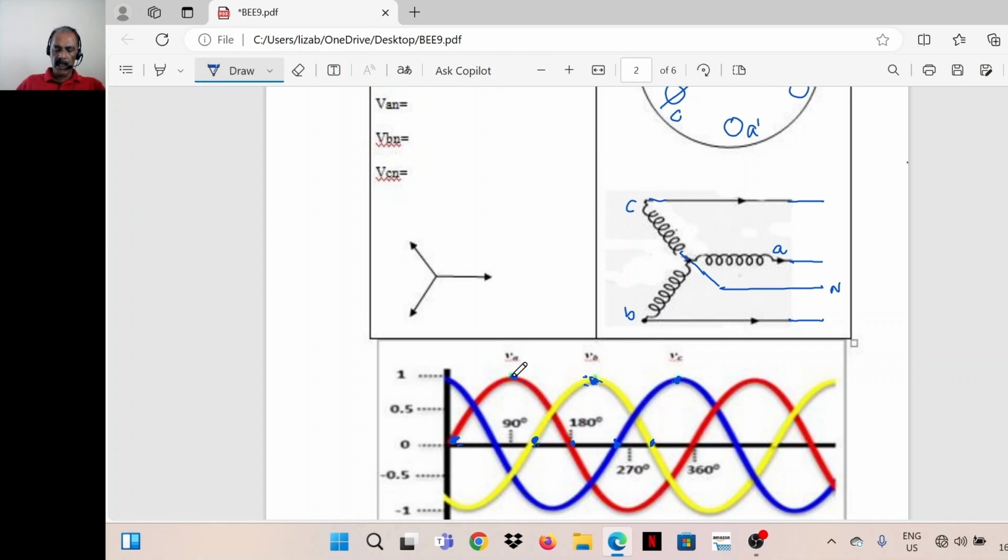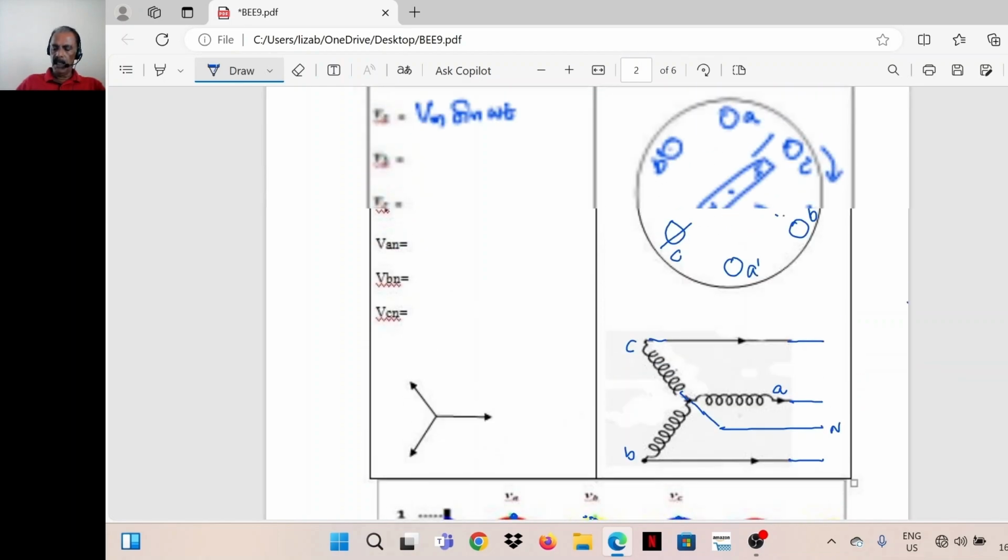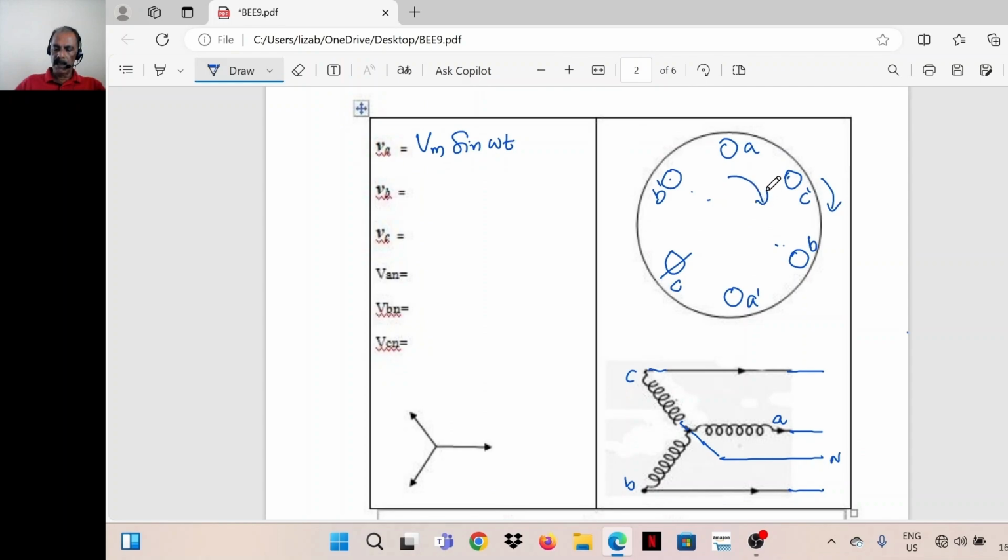That means first A, then B, then C. That means the magnet is rotating in clockwise direction. First the voltage in coil A reaches maximum, then voltage in coil B, and then voltage in coil C. That means voltage in coil B is lagging behind the voltage in coil A by 120 degrees.